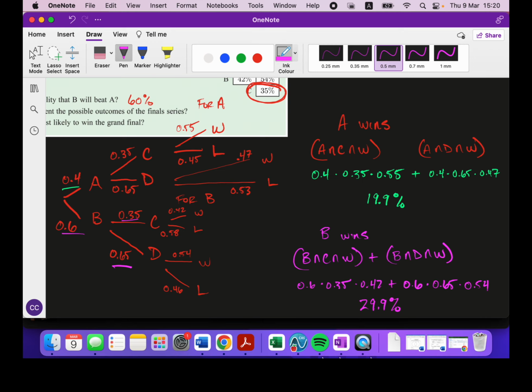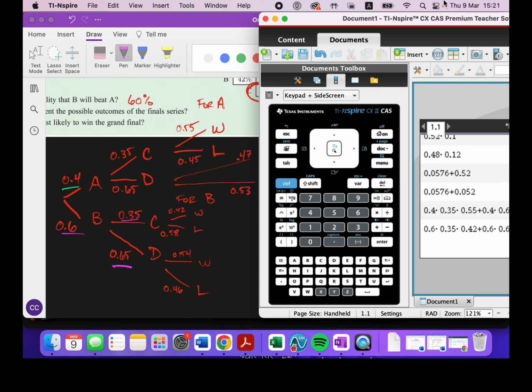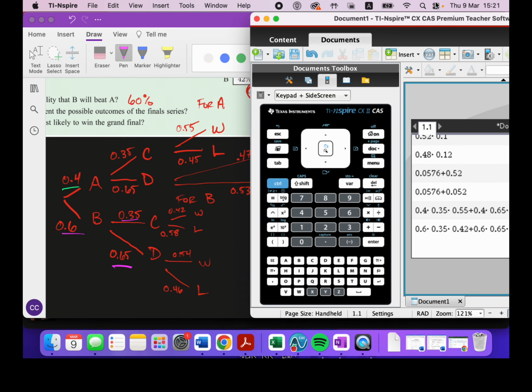Okay, and then we can do that same whole process for C and D. I'm not going to write it, I'm just going to do it on my calculator. So for C to win, the two opportunities are A wins, then plays C, and then A loses, which is 0.45. I'm grabbing these from here.